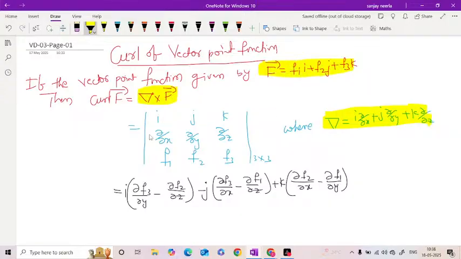After simplification, the determinant is i into (dou f3 by dou y minus dou f2 by dou z) minus j into (dou f3 by dou x minus dou f1 by dou z) plus k into (dou f2 by dou x minus dou f1 by dou y). This is the calculation of the curl of a vector point function f.